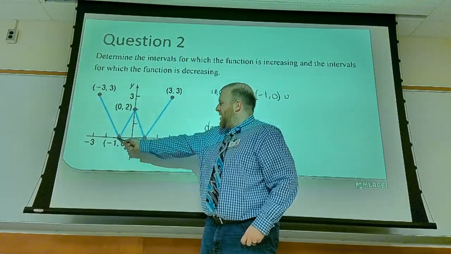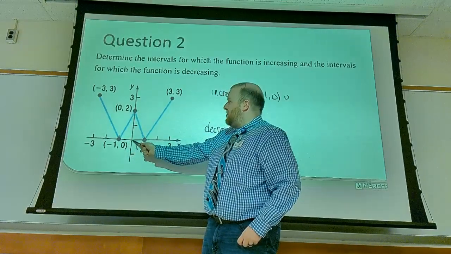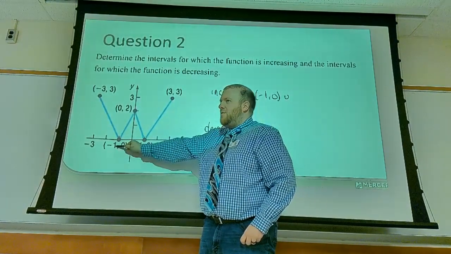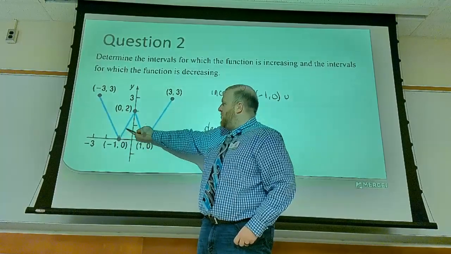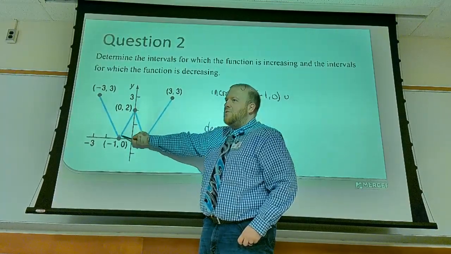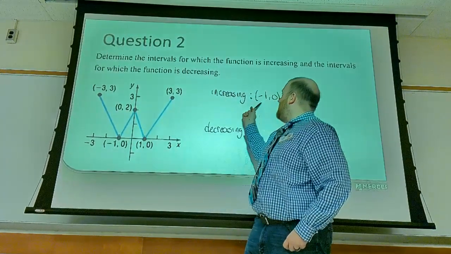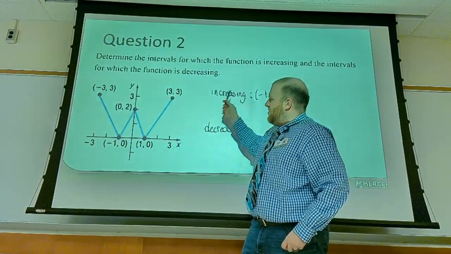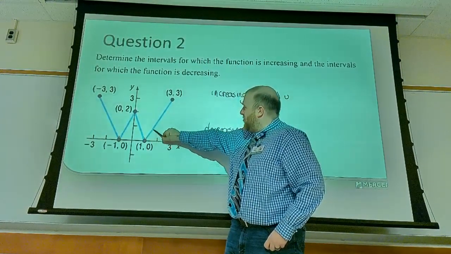It's also increasing here, right? So negative 1, 0. Or no, just 1, 0. 0 to 3? 1 to 3. Okay. Right, again, you're only looking at the x-axis when you're dealing with intervals. So all you care about is that x-coordinate. 1 to 3.